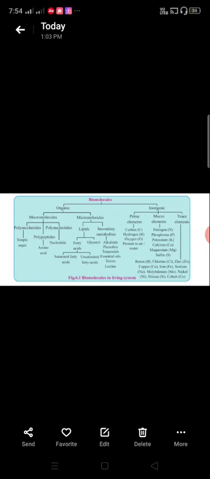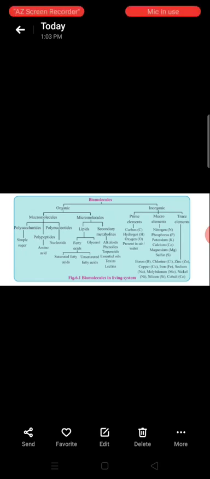Now in biomolecules we will see our first topic, that is carbohydrates or hydrates of carbon. Now, we will also take information about carbohydrates with the help of this chart.